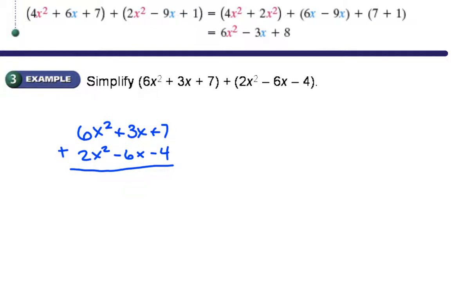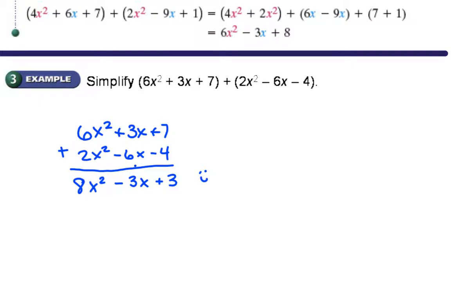All right, so we have 6x squared plus 2x squared, 8x squared. 3x minus 6x is minus 3x. 7 minus 4 is 3. So 6x squared plus 3x plus 7 plus 2x squared minus 6x minus 4 will give us 8x squared minus 3x plus 3. And that's it.